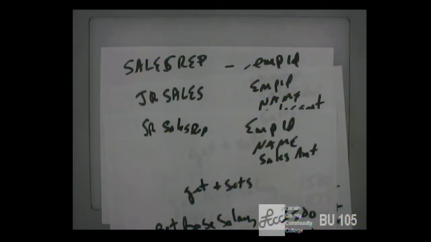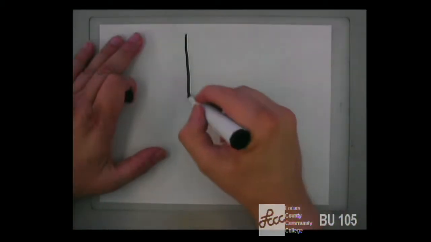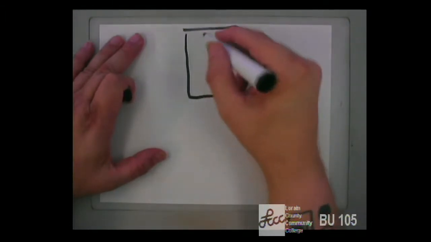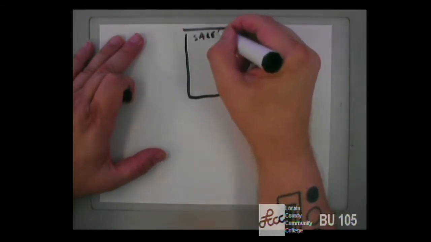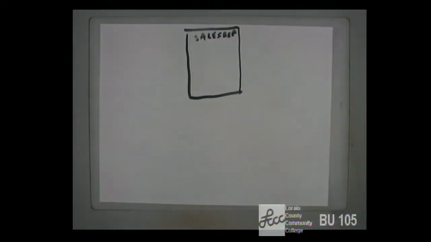What are those 3 classes? Exactly, the 3 different sales reps. So I'm going to write something like this. Sales rep. What inherits from what? I should ask that before I started writing.